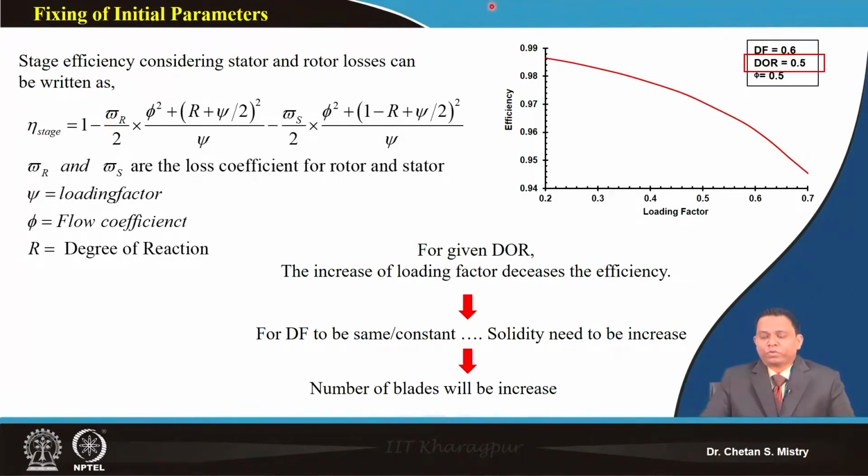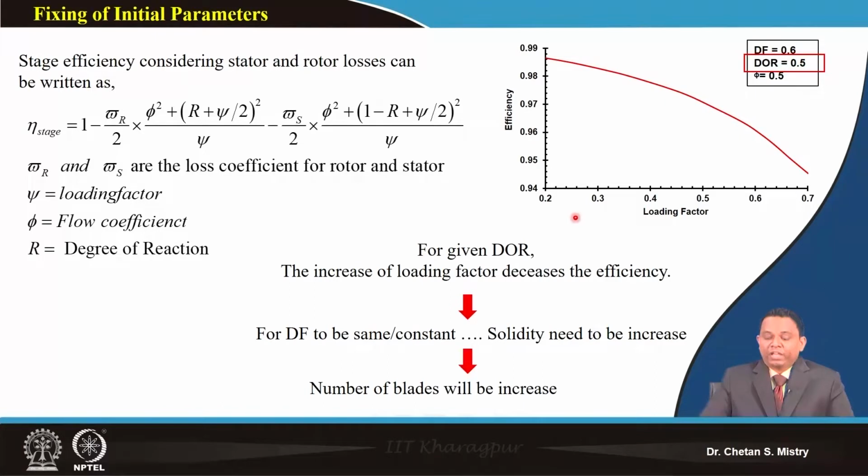So let's see, suppose here if you look at, this is a plot for which we have assumed our diffusion factor to be 0.6, degree of reaction to be 50% and flow coefficient to be 0.5. What we are doing is changing our loading factor on the x-axis, and this represents the effect of this loading factor on the efficiency.